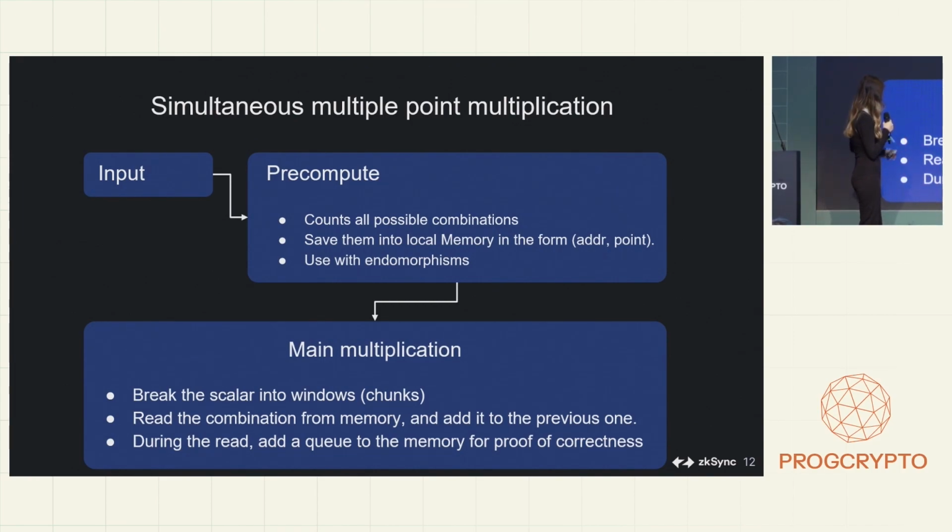In the main multiplication, we break our scalar into windows, chunks, read the combination from memory, and add the point we get from memory to the accumulator. During the read, we make a query to memory for future proofs.